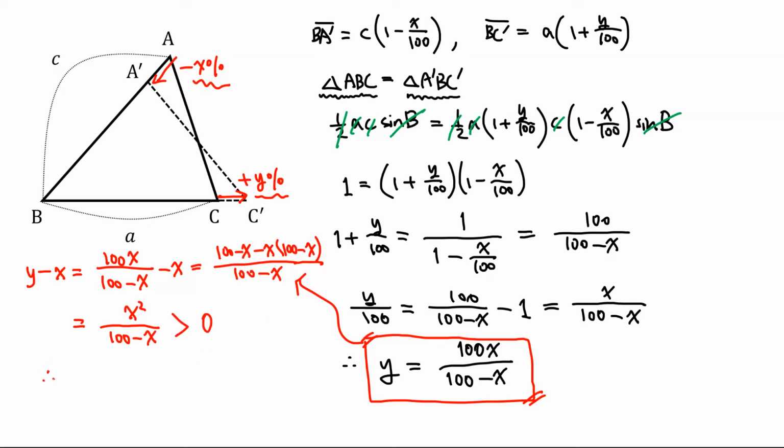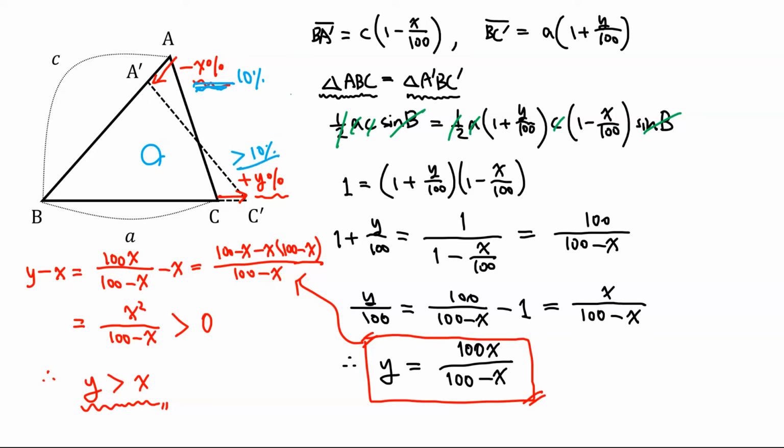So this means that Y is larger than X. So therefore, if we want to decrease the length AB by say 10%, then in order to maintain the same area, the length BC must be increased by not just 10%, but actually more than 10%.